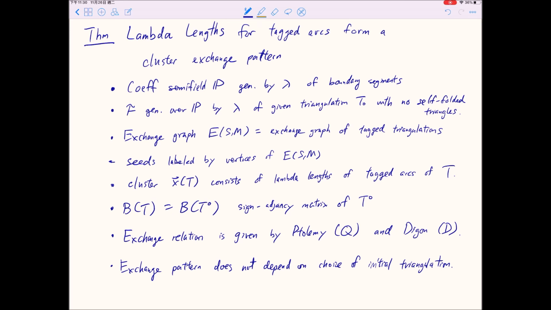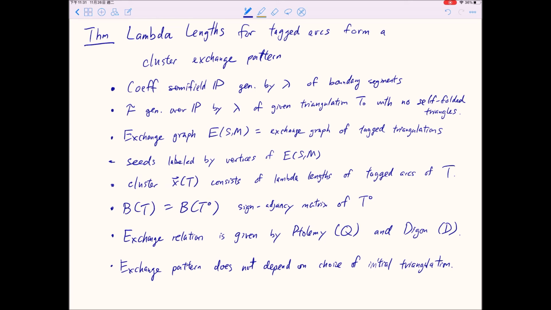All right, so this concludes the main features of cluster algebra from surfaces. Of course, I missed quite a lot of details, so you should consult the paper by Fomin-Thurston on cluster algebras from surfaces, parts 1 and 2, to check for more details and calculations.